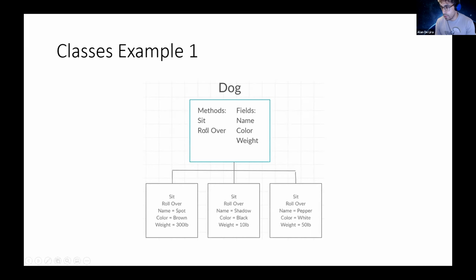It can sit and it can roll over. And then when you create instances of the dog, or objects, you can have different names for the dog. You can have different colors, but they're separate objects.